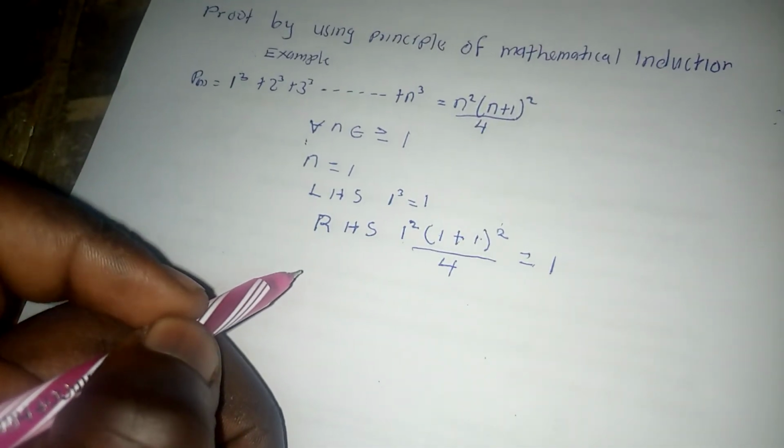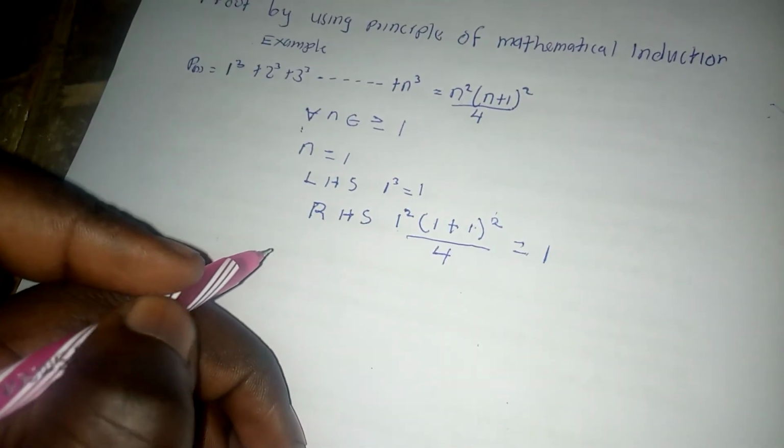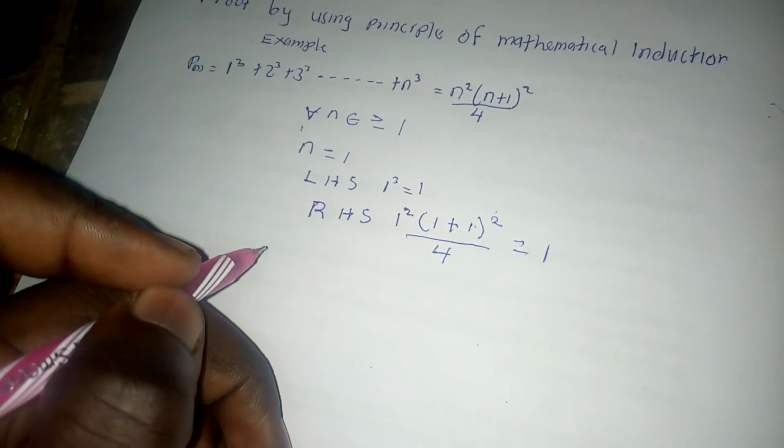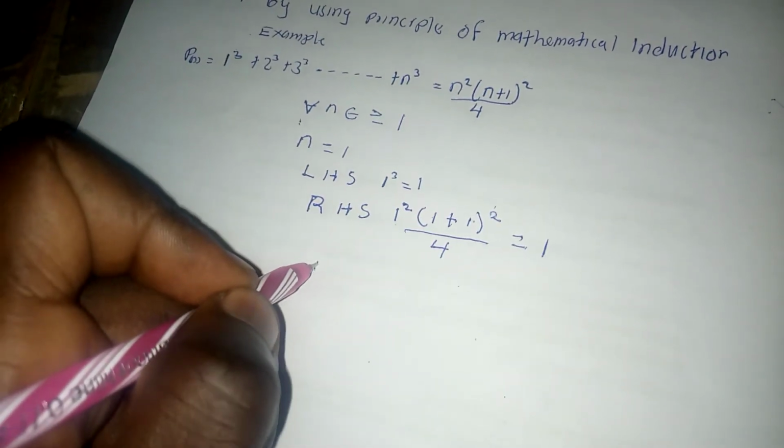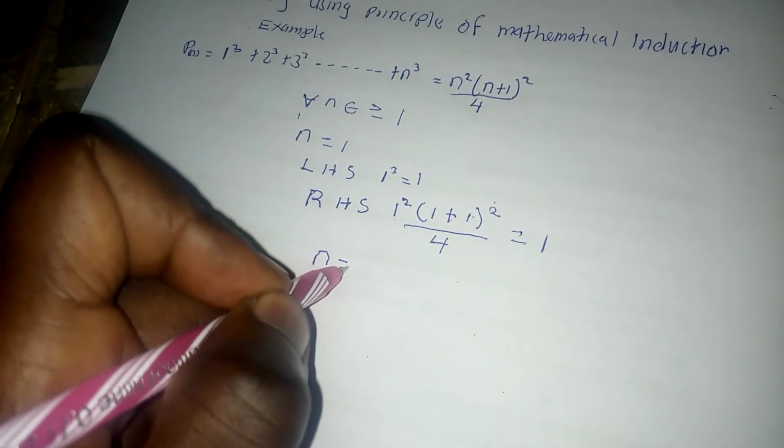Also, we know very well that when we go to step 2, let us now take n to be equal to k.